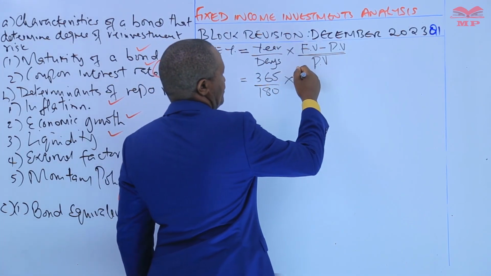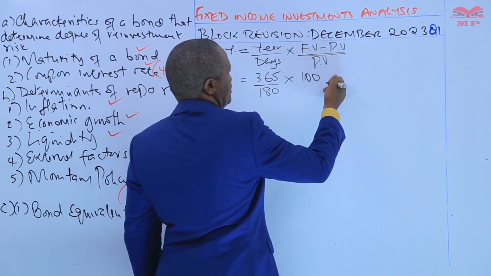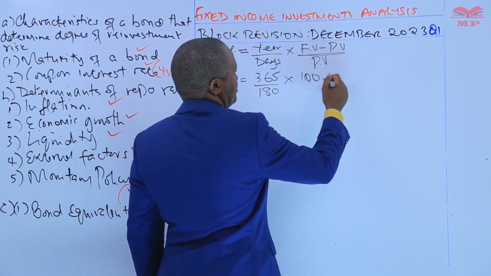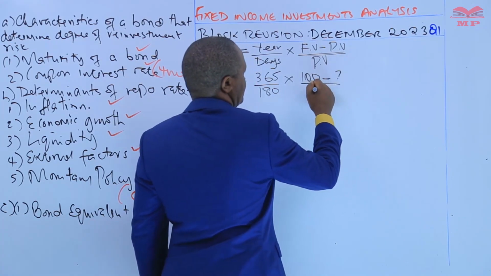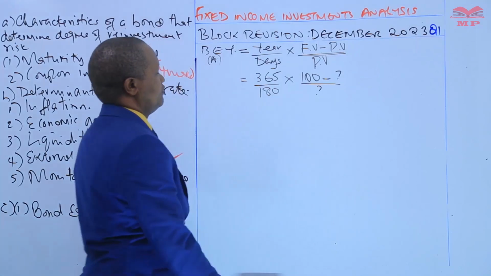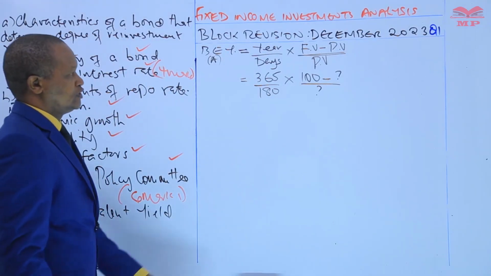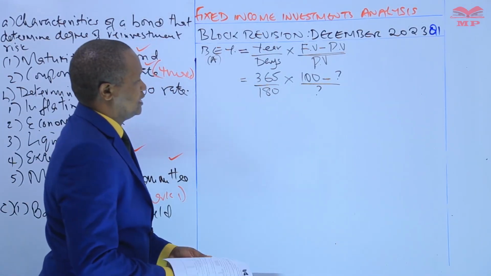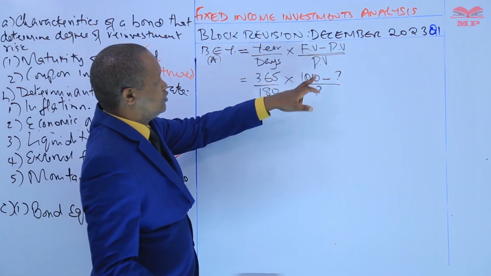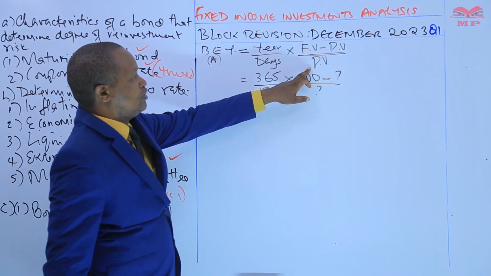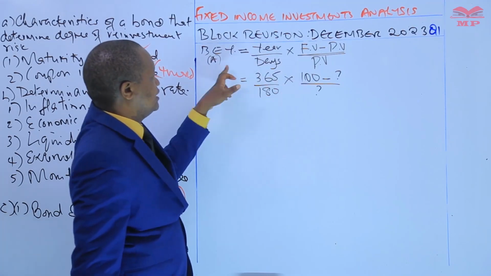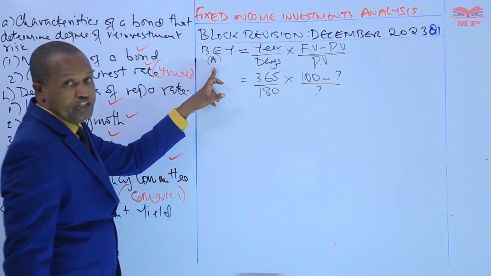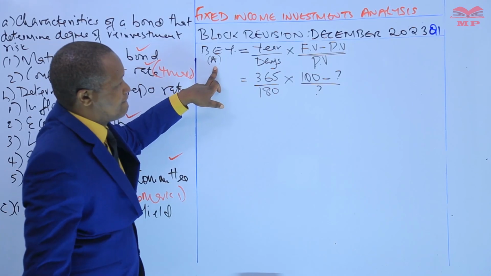So you have the par value of 100 minus the present value, which we do not have, over the present value, which we do not have. So we are required to calculate the present value of this bond in order to determine the bond equivalent yield of instrument A.